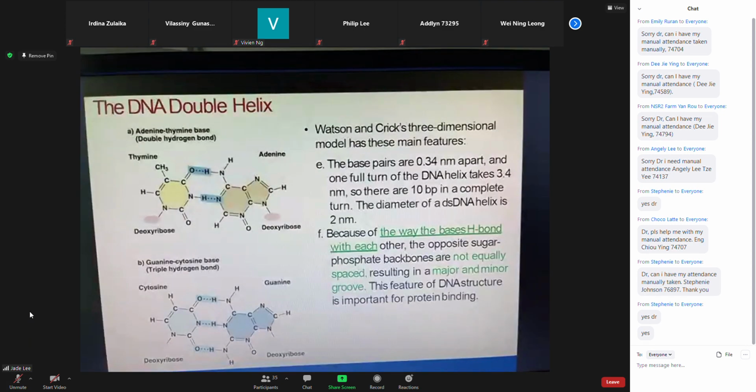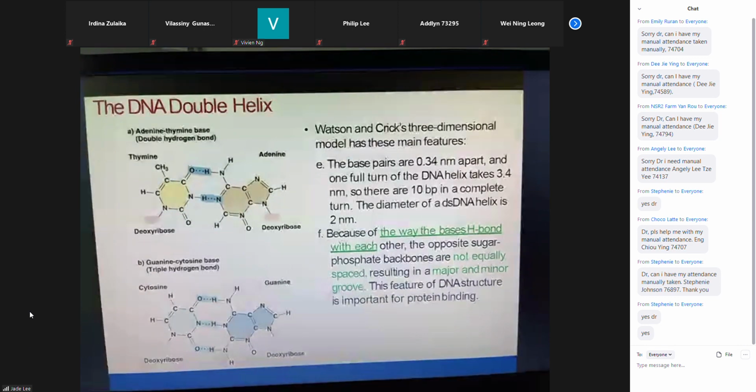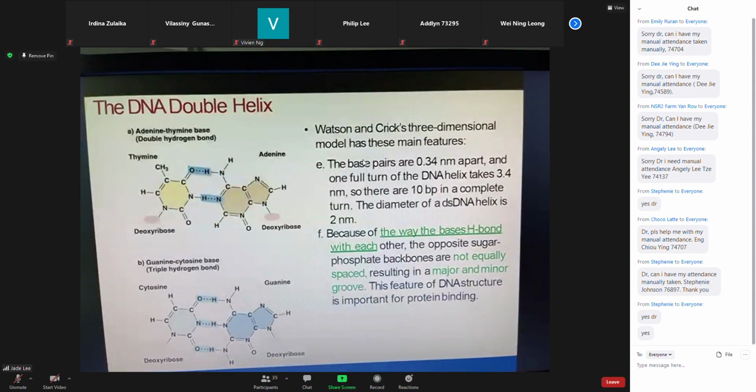Because of the way the bases hydrogen bond with each other, the opposite sugar-phosphate backbones are not equally spaced, resulting in a major and minor groove.